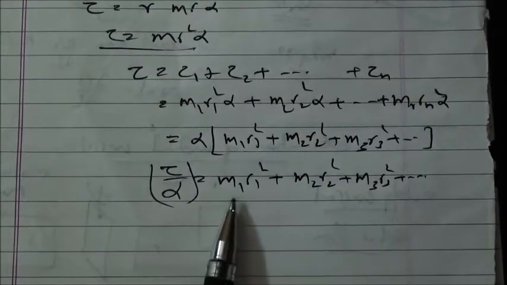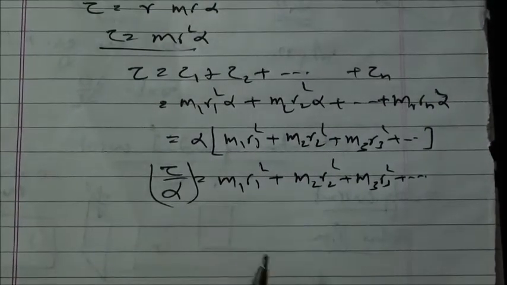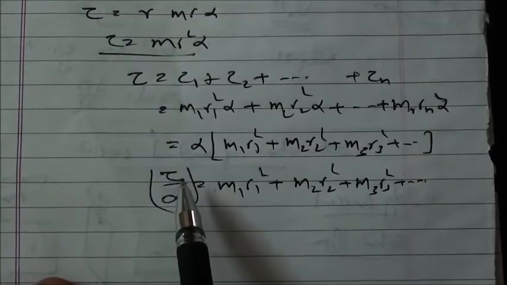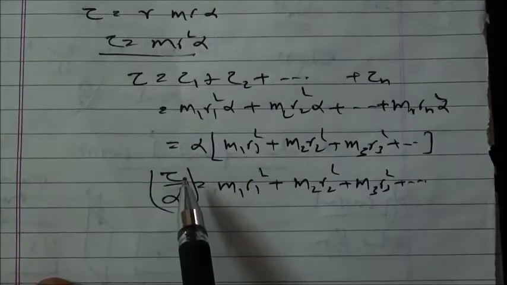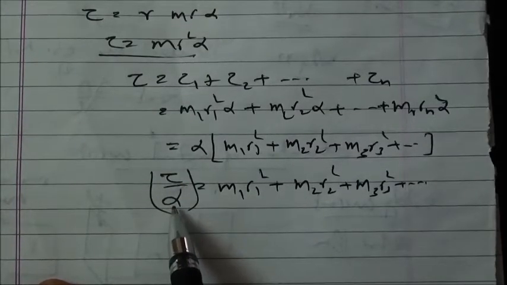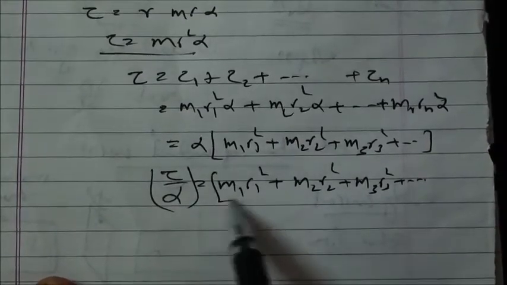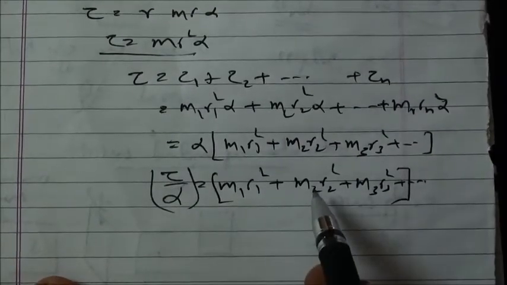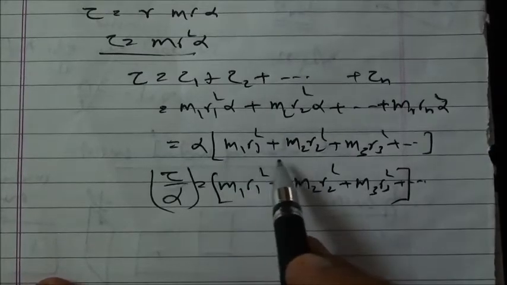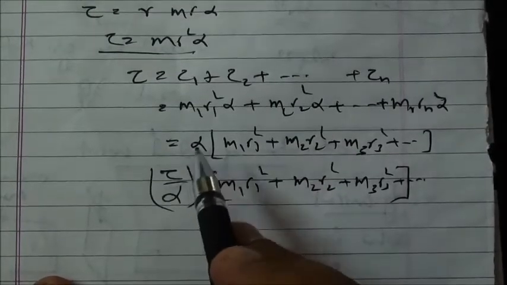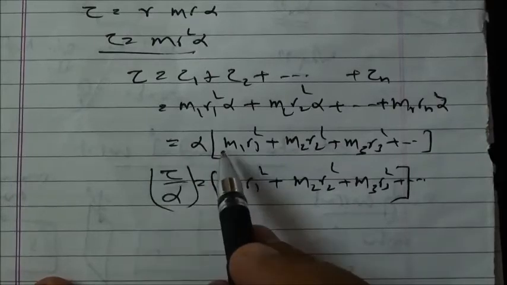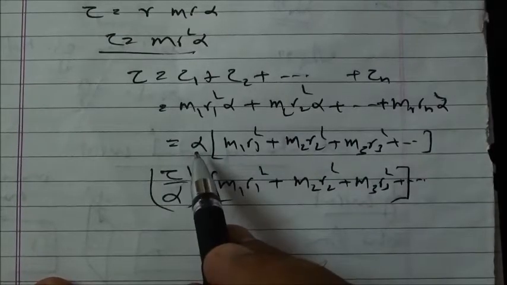Now let us see what is the significance of this quantity. We are applying a torque and there is an acceleration produced, angular acceleration. If this quantity is large, alpha will be very small because the product is equal to torque. And if this quantity is small, alpha will be large.